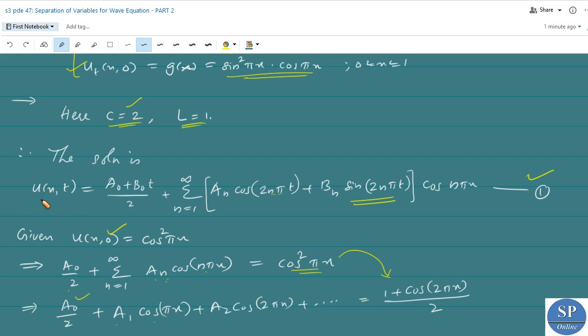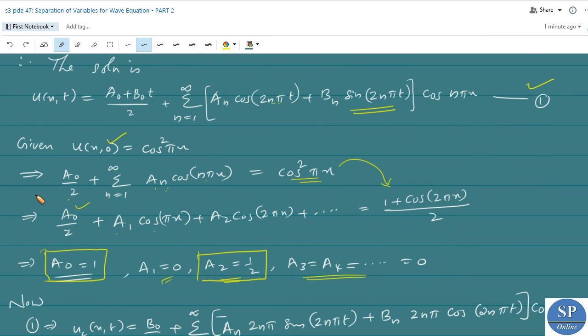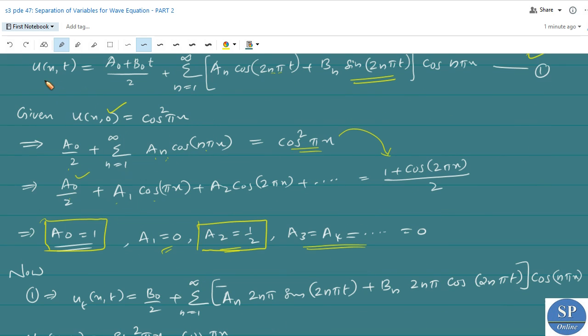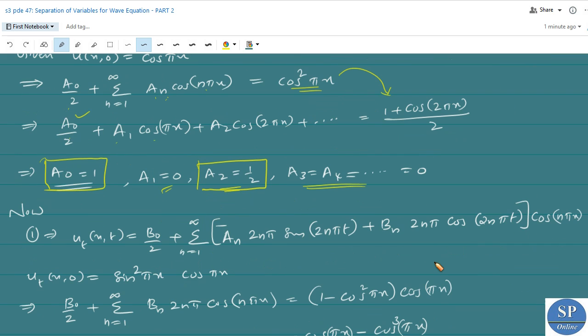Differentiating with respect to t, we get u_t equal to b naught by 2 plus the summation of minus 2n pi a_n sin 2n pi t plus 2n pi b_n cos 2n pi t, all into cos n pi x. Here we apply the second initial condition u_t(x, 0) equal to sine square pi x into cos pi x.